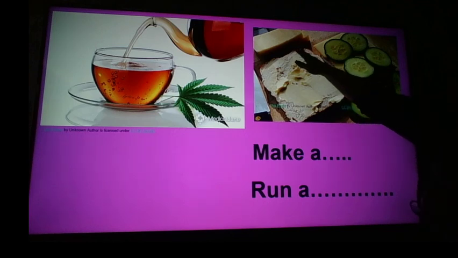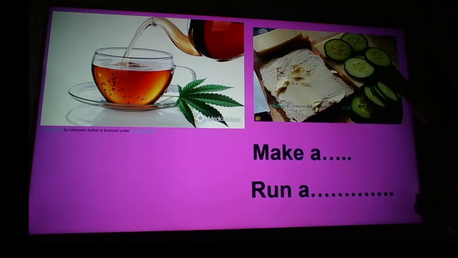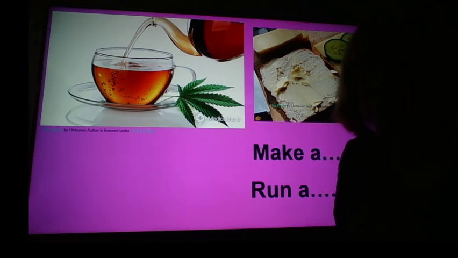And this is cheese. So there's cheese placed on this bread with cucumber on top. Oh, I think this one is going to be make a cheese and cucumber sandwich. Actually, did you know that's one of my favourite sandwiches? Cheese and cucumber sandwich.